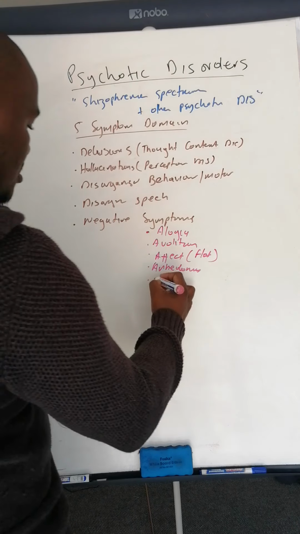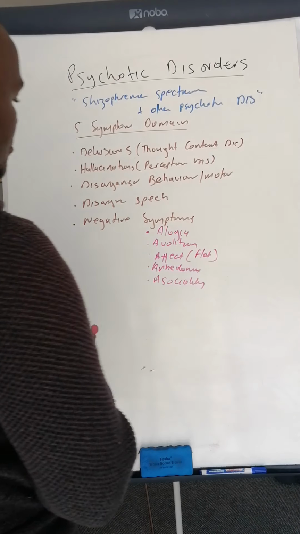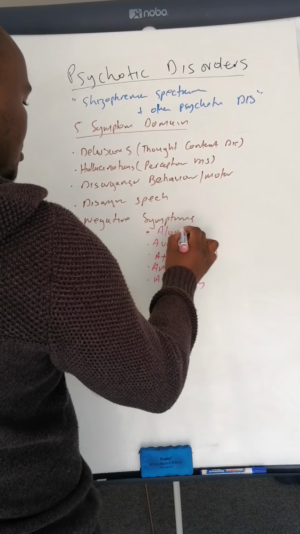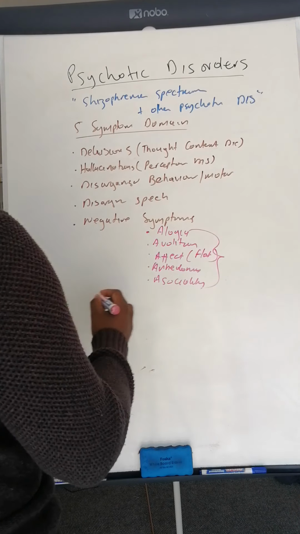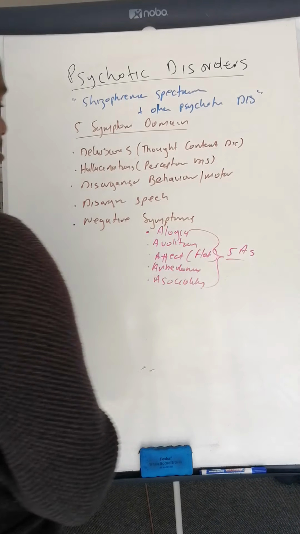Then we've got asociality. These are called negative symptoms. You remember them by, they are called the 5 A's.